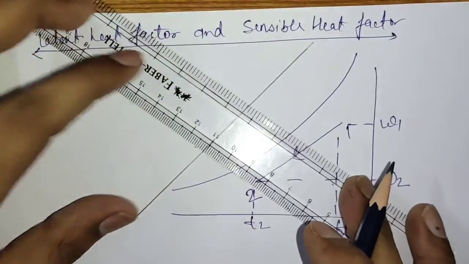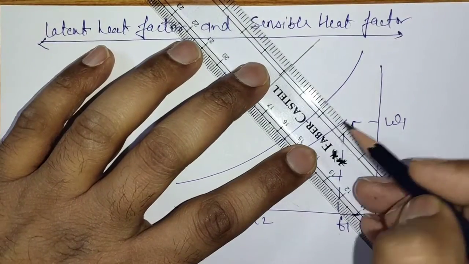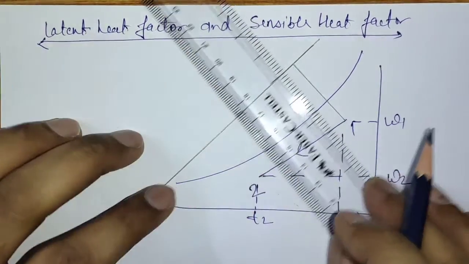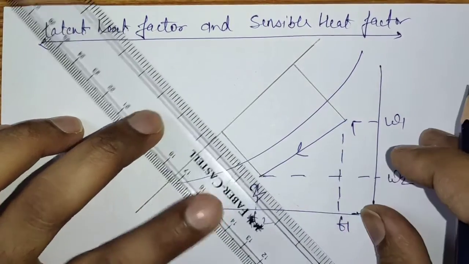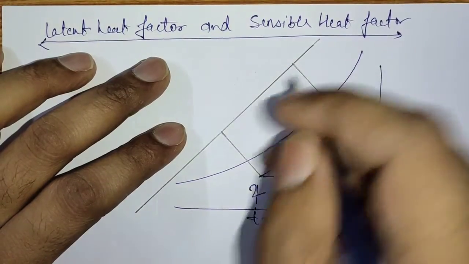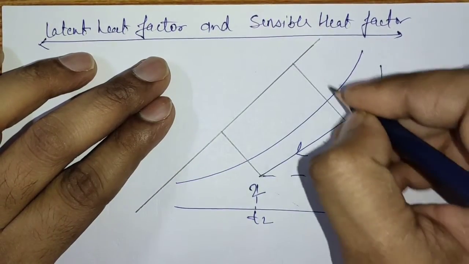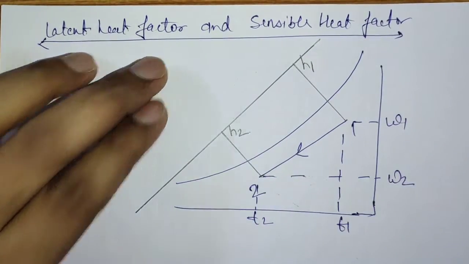The enthalpy of the moist air at the initial condition and final condition can be drawn by drawing the constant enthalpy line up to the enthalpy scale, and this is H1 and H2.